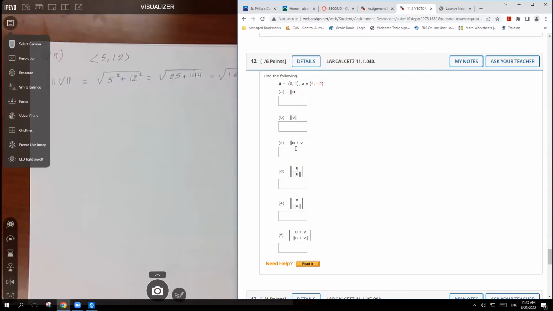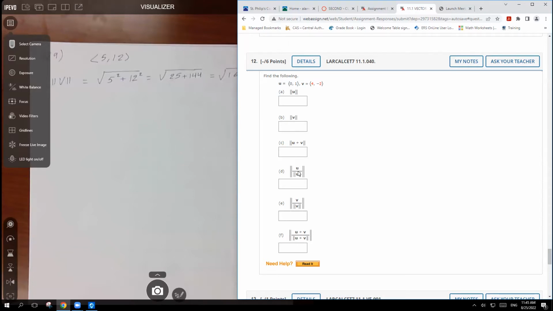For v, the length of this vector. What about the length of u plus v? Add the vectors together first, then find the length. This one is the same thing: you divide u by its length, then find the length of the resulting vector. Okay?